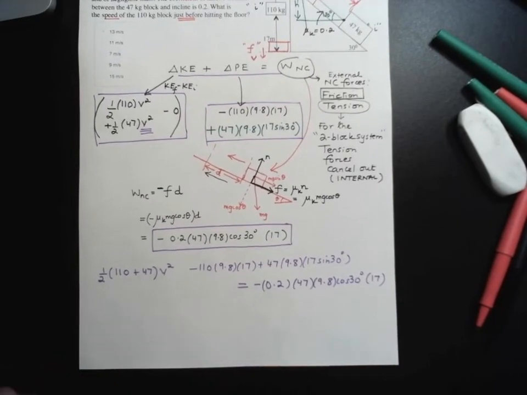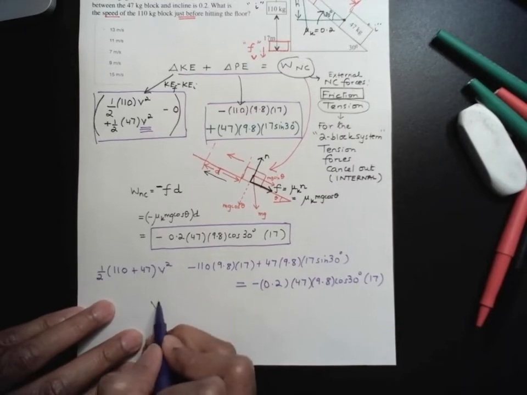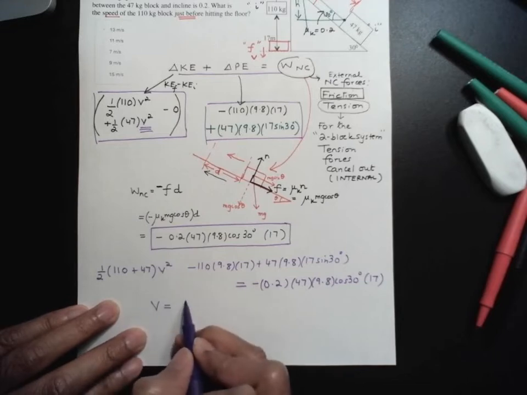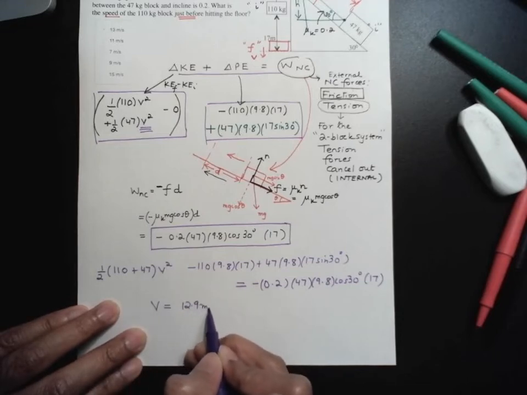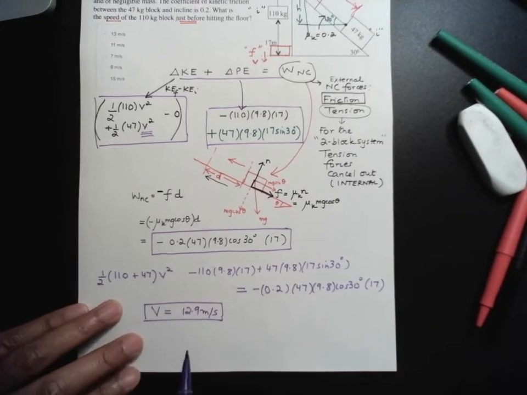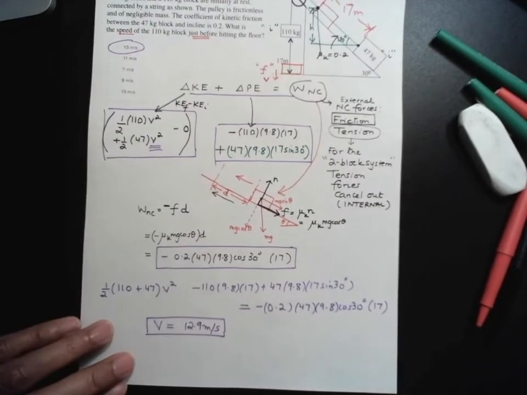So all of this is in there, and then I solve for V and I find V is equal to, don't forget to take the square root, 12.9 meters per second. Okay, and so that's the 13.